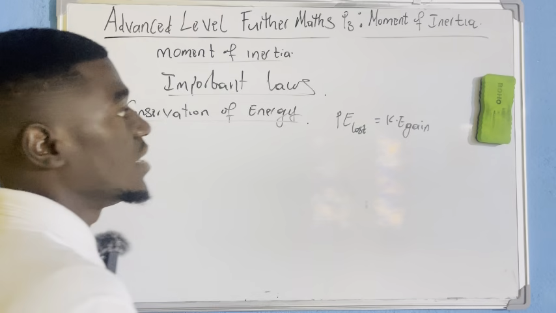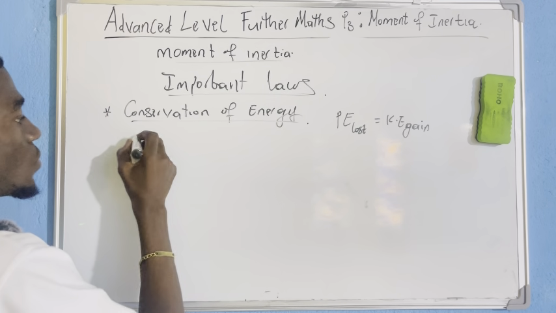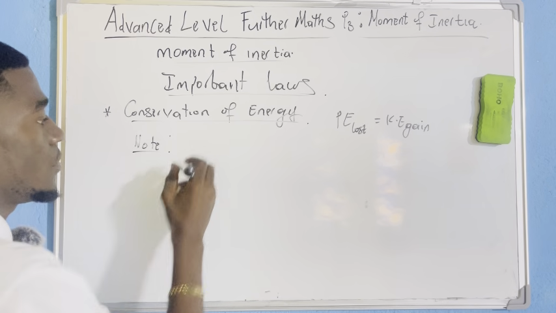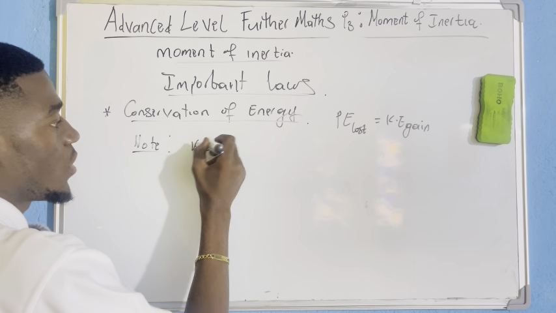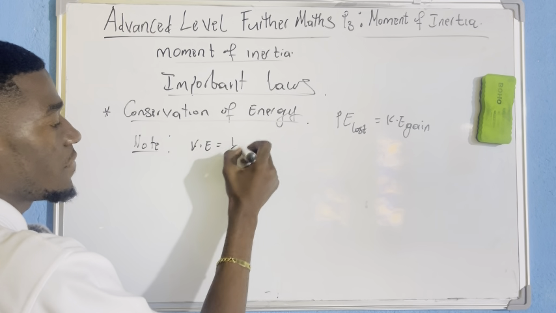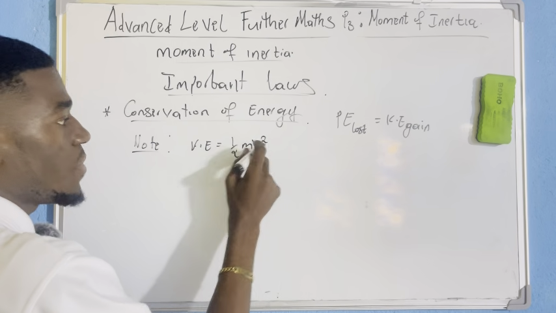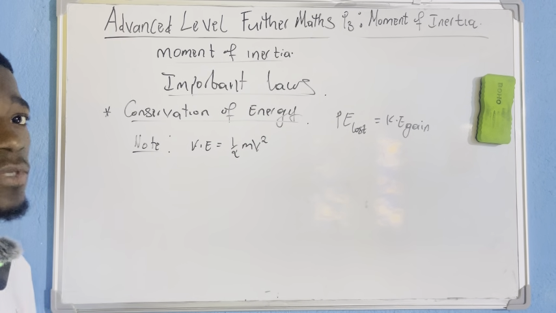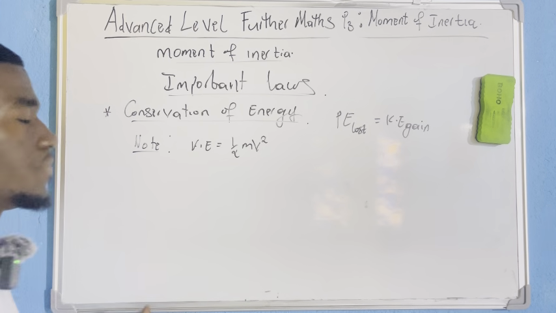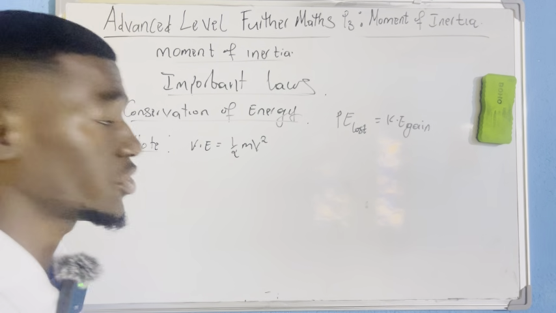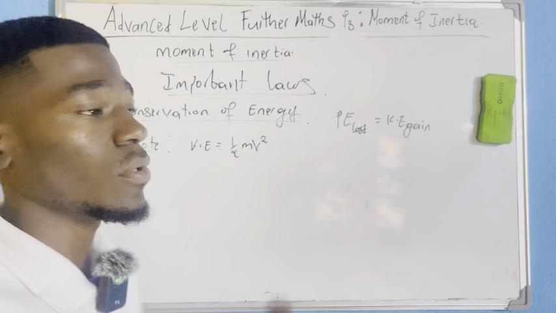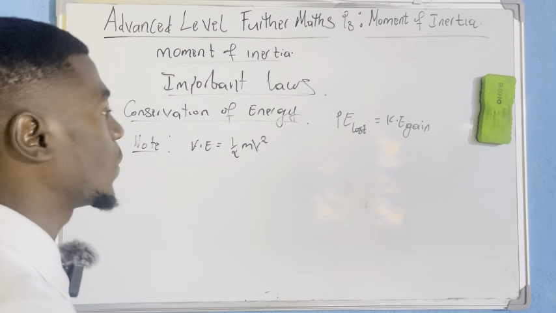You will see. Now, note that when I talk about kinetic energy, the kinetic energy of a body moving is half mv squared. But this v is for a body undergoing a linear motion. Here we are talking about moment of inertia, so our body will undergo rotational motion.